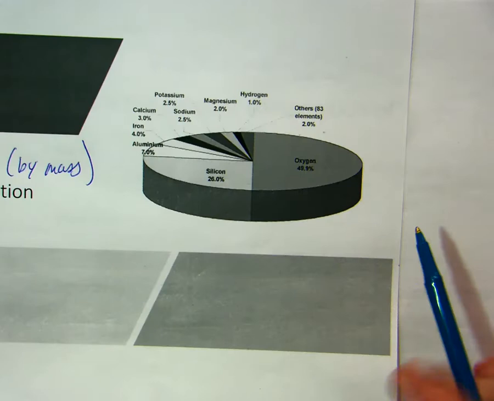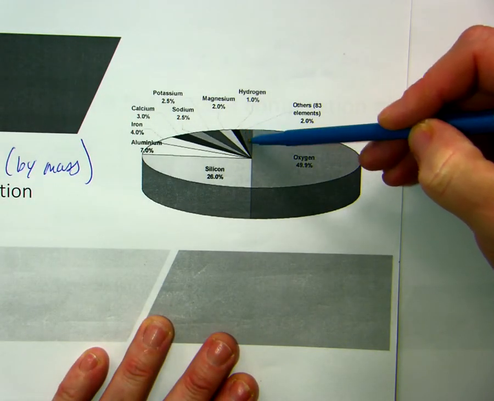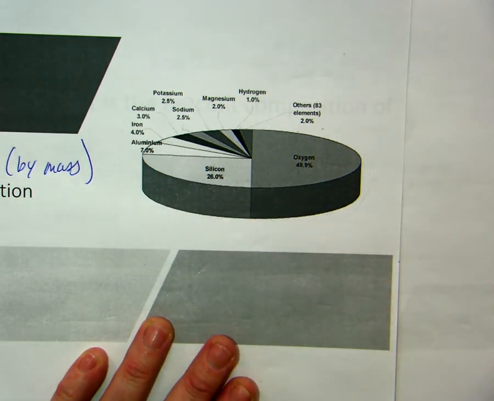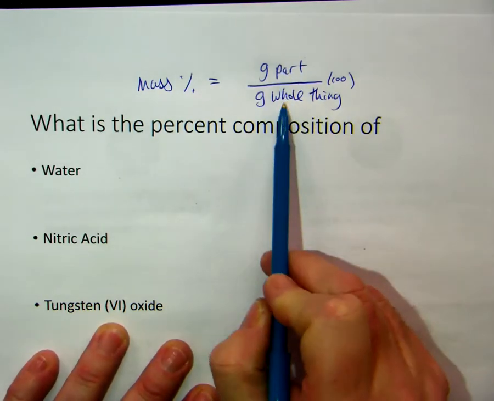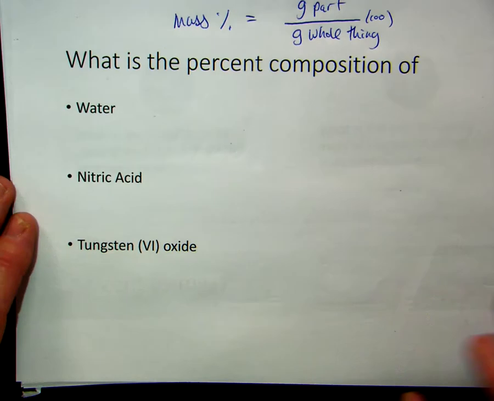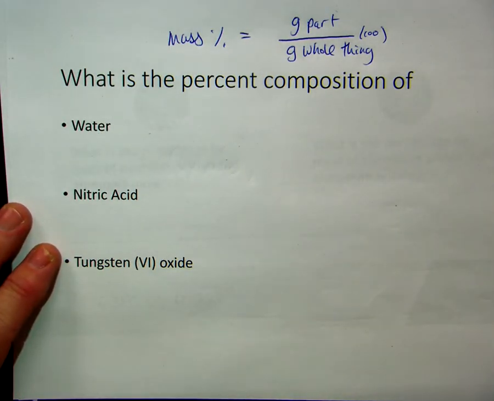So like this pie chart, right? So this little piece of the pie represents hydrogen, that part relative to the whole Earth, including hydrogen. So again, we're looking at the little piece of the pie relative to the whole pie, and then making it a percentage.